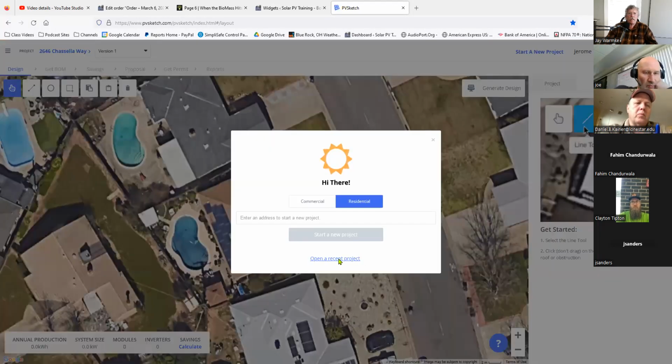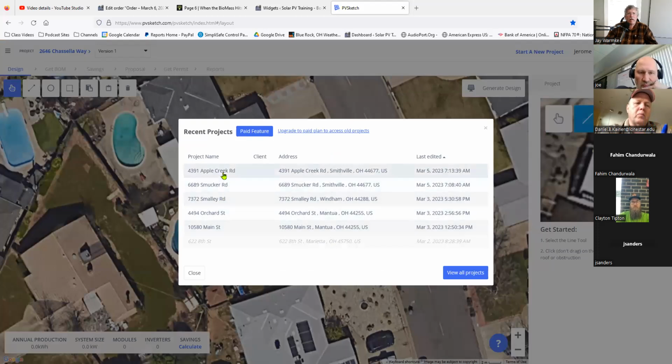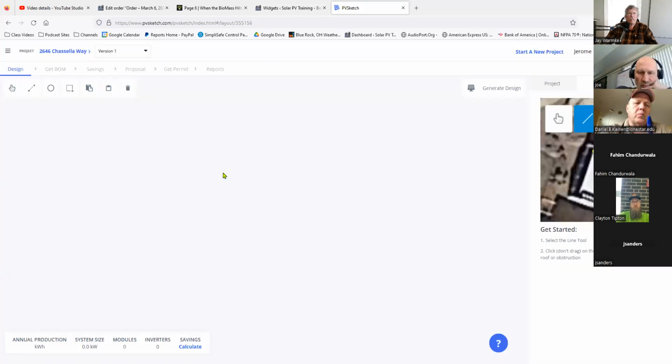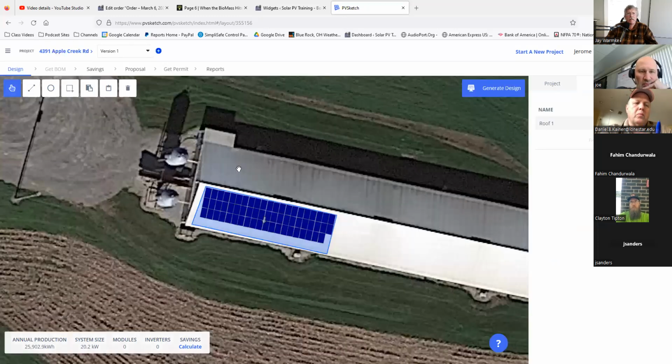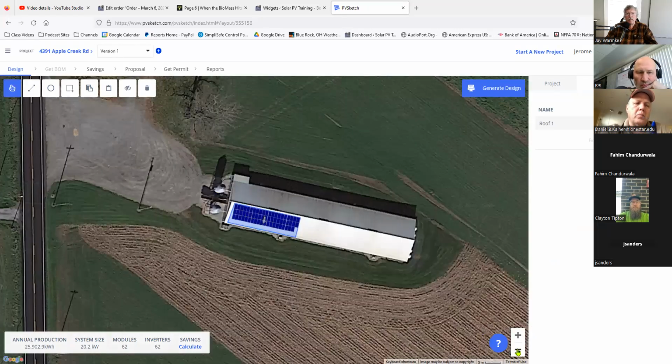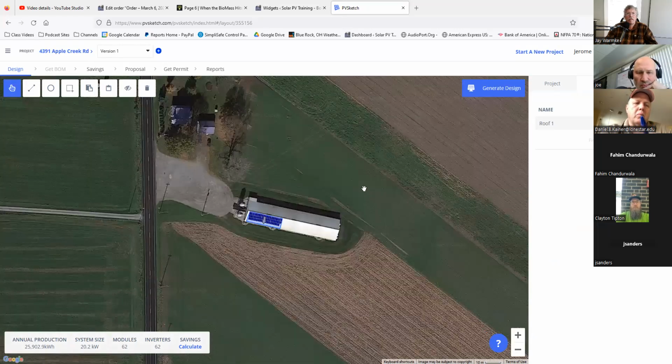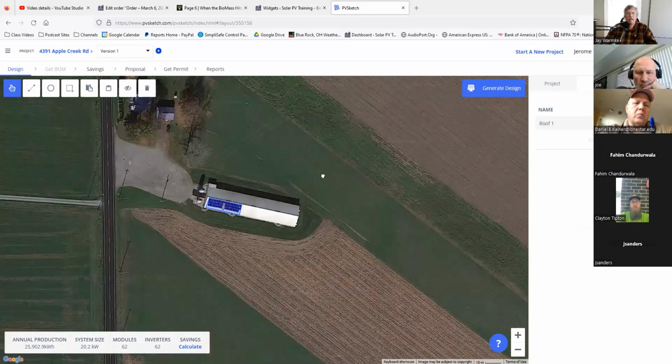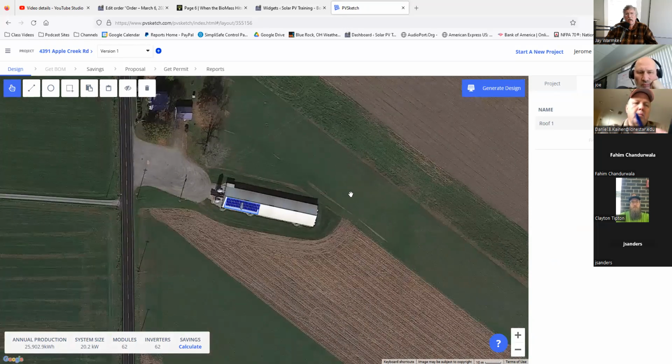So the way that it works, I'll just open a recent one. This may be a little more complicated than I wanted to get into. This is the software design here.